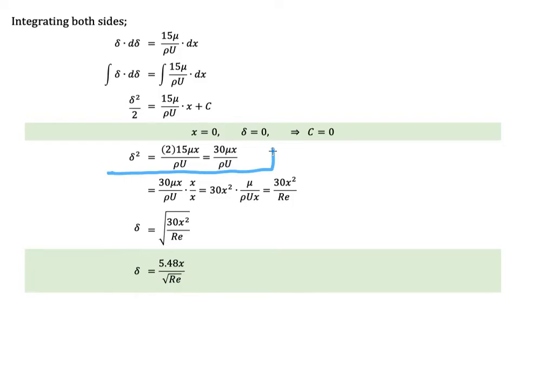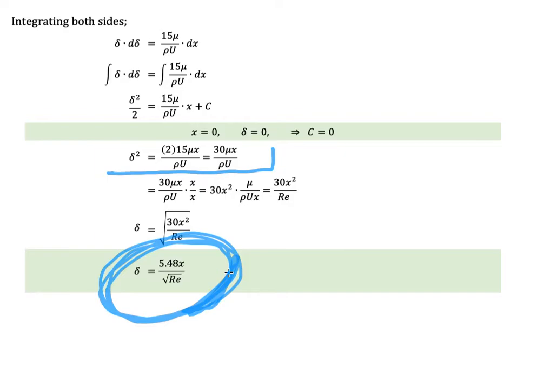So we have delta square equal to 30 mu x over rho U, and then we need to rearrange this equation. We could have delta equal to 5.48 x over square root Reynolds. Please make sure that you can calculate until this answer, because normally for boundary layer, the equation refers back to the Reynolds number.